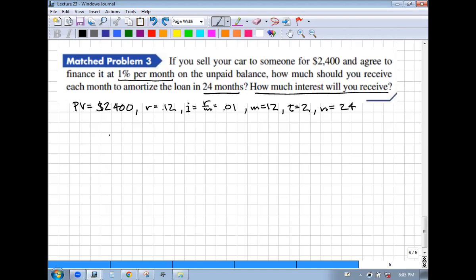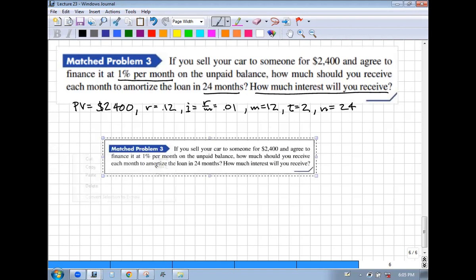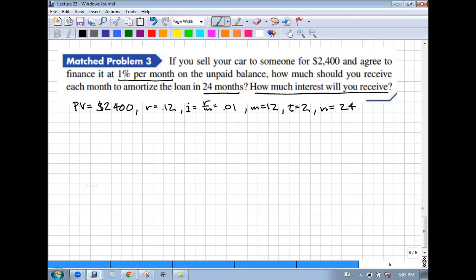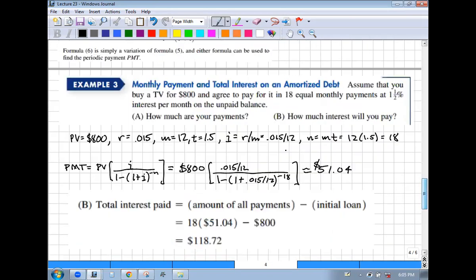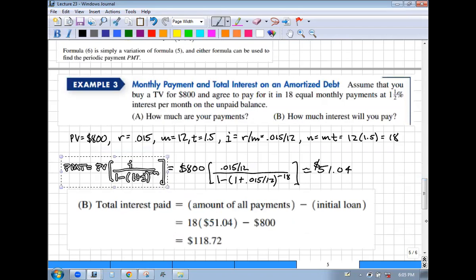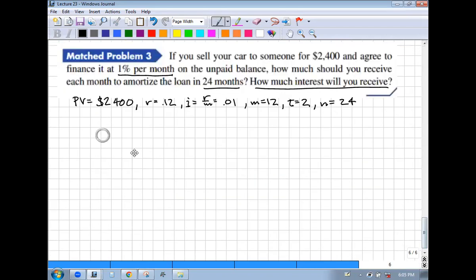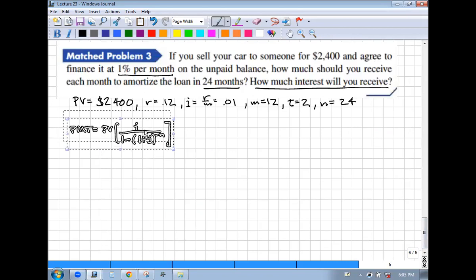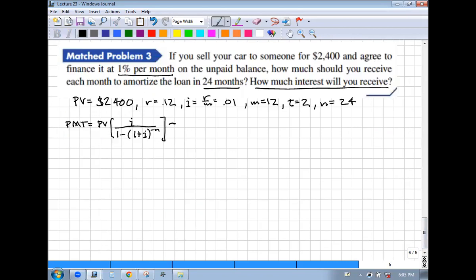So let's see. Where's our formula? Here's our formula. So same formula, the amortization formula. And we plug in our numbers. We got 2,400. I here is 0.01, and 1 minus 1 plus 0.01 to the negative 24 power.